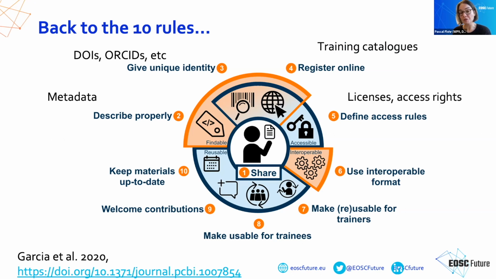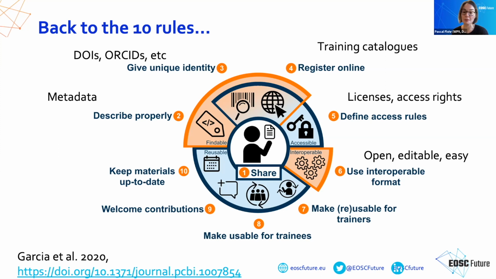The fifth one is to define access rules, so you can use licenses, make clear what the access rights are and how this can be done. What I haven't mentioned, but which I will come back to in the Menti that we will do in a moment, is using an interoperable format. And I think this speaks for itself.